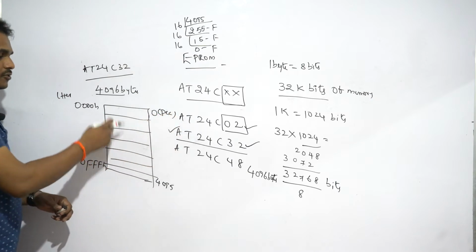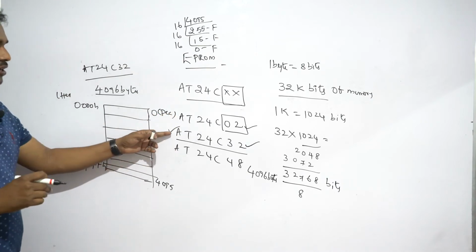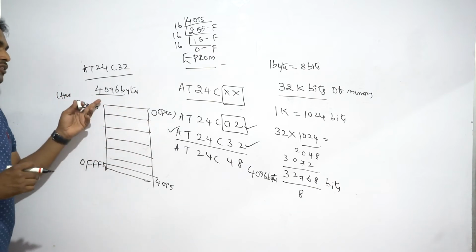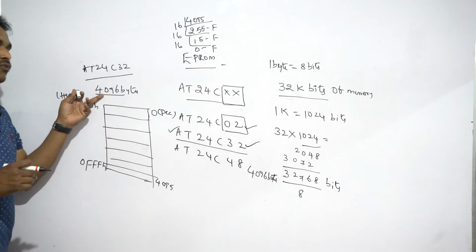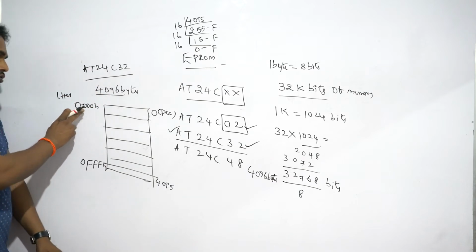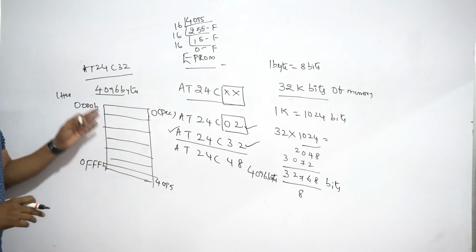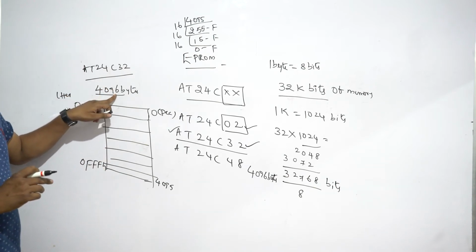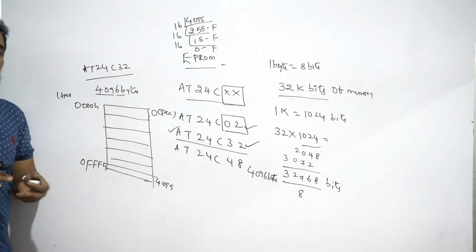So for this AT24C32 device, the total is 4096 memory locations, from 000H to 0FFFH. Now you can use this total 4096 bytes of memory for your data storage.